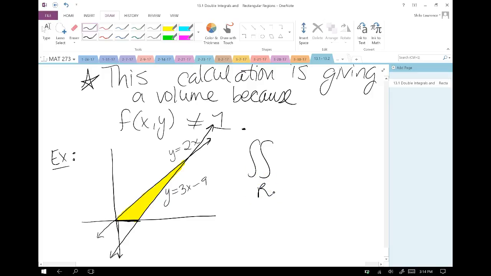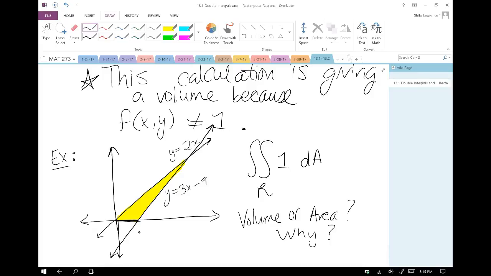We want to integrate over that region. All I've given you is y equals 2x and y equals 3x minus 9. And the x-axis, which is y equals 0.